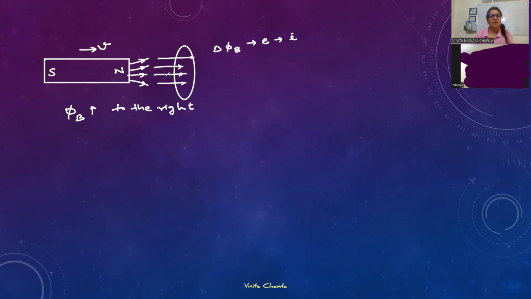So the direction of the induced magnetic field would be opposite to the original magnetic field to oppose the change, because lines of force are increasing in the coil. When the magnet is moved towards the coil, the lines of force will increase, and the induced magnetic field will oppose this change, right?